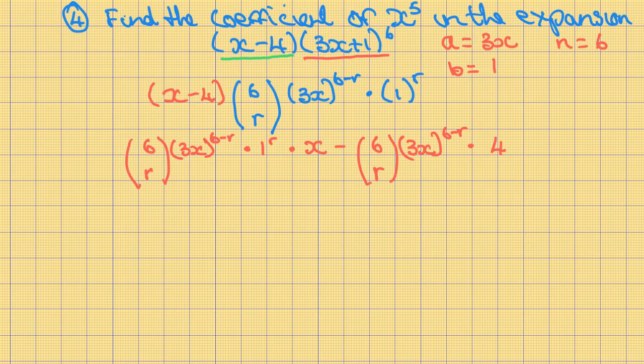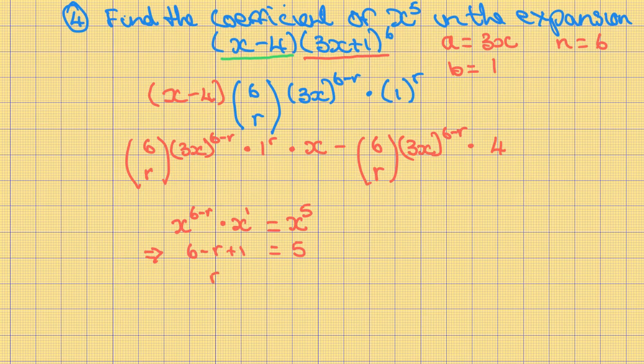I now have two parts and I can treat them separately and solve for r in both cases. So I have x to the power of 6 minus r times x to the power of 1, and that must equal x to the power of 5. Therefore, because the bases are the same, I get 6 minus r plus 1 equals 5.